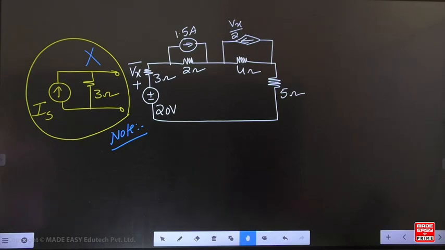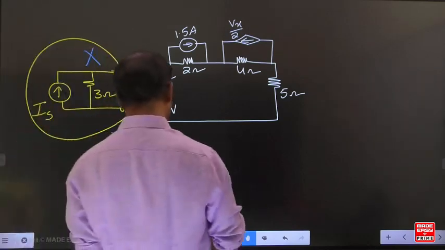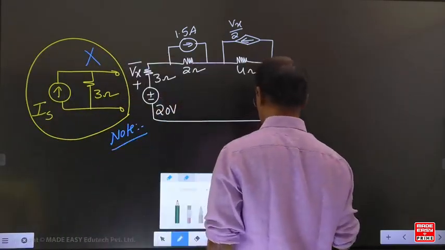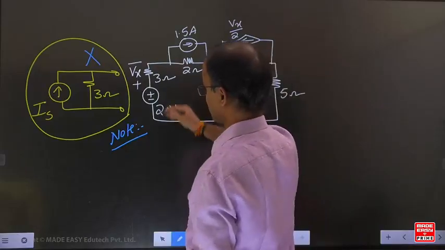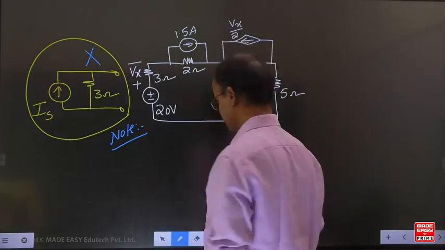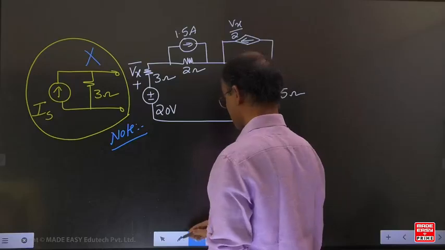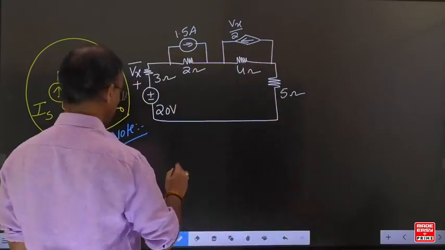Then in this example, we should not apply any transformation for this voltage source.